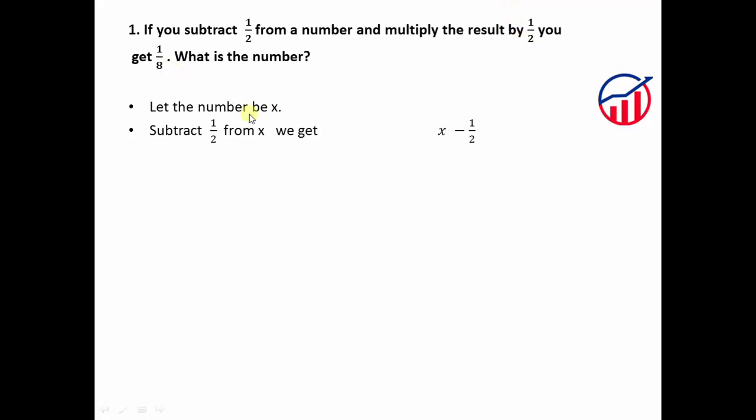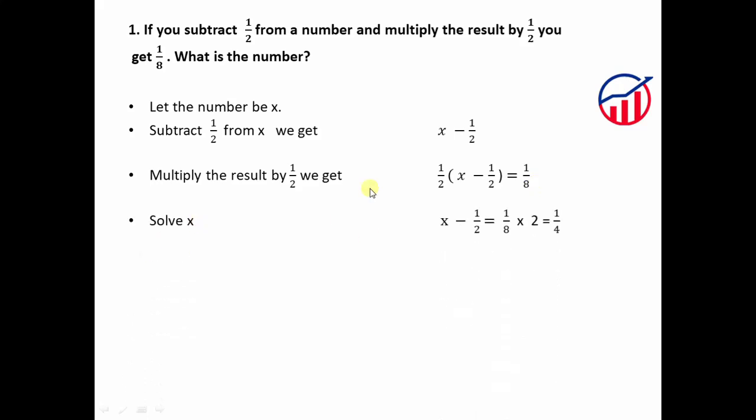We're going to go step by step. First we subtract half from x, we get x minus half, then multiply the result by half, we get 1/8. So basically (x minus half) times half equals 1/8. Now solving for x, you leave this bracket as it is, x minus 1/2.